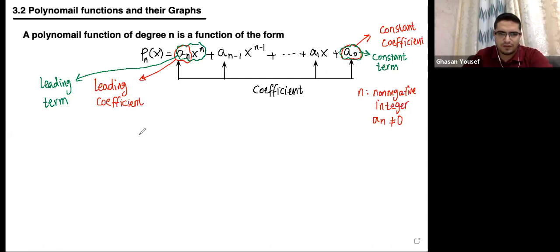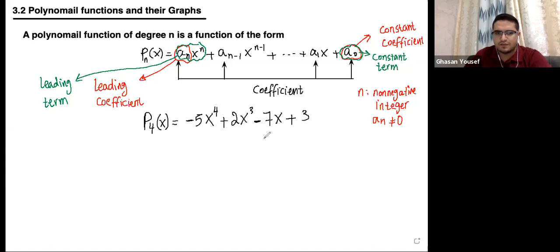So for example, if I have a polynomial of this form, P of x, I can write it as, say, minus 5 x to the power 4 plus 2x to the power 3 minus 7x plus 3.